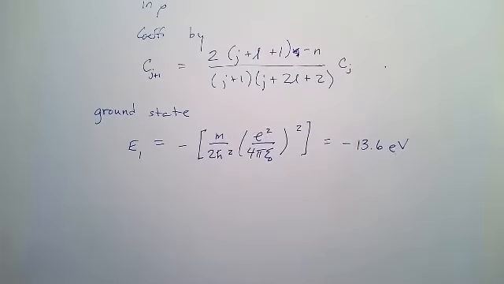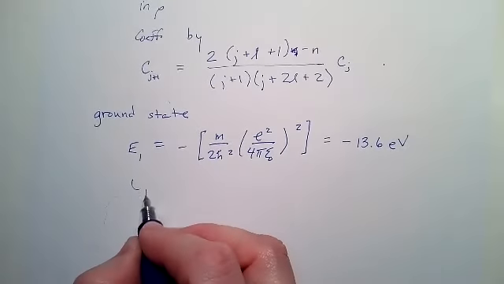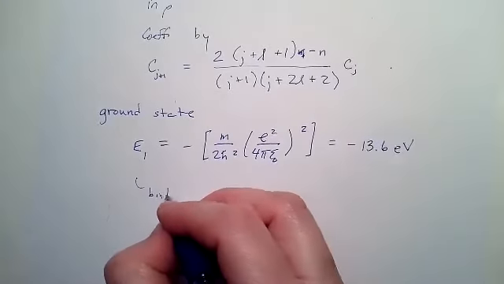The negative energy comes from us saying that energy equals 0 is the border between a bound state and a scattering state. So sometimes this ground state energy is called the binding energy.